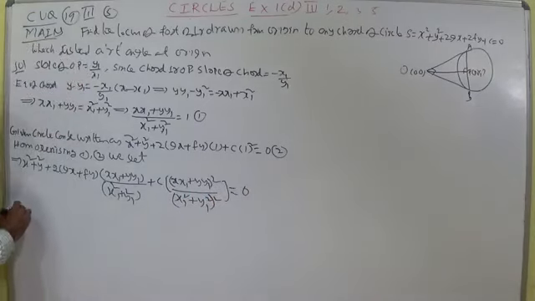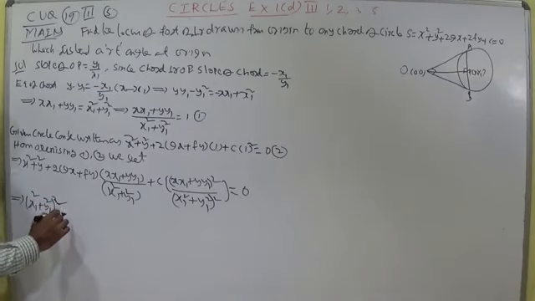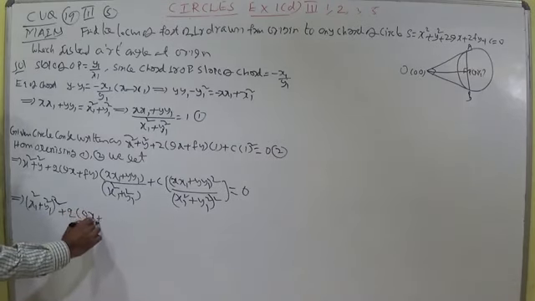Now take an LCM. What is the LCM? (x1 square plus y1 square) whole square is the LCM. (x1 square plus y1 square) whole square into (x square plus y square) plus 2 into, already x1 square plus y1 square is there here.